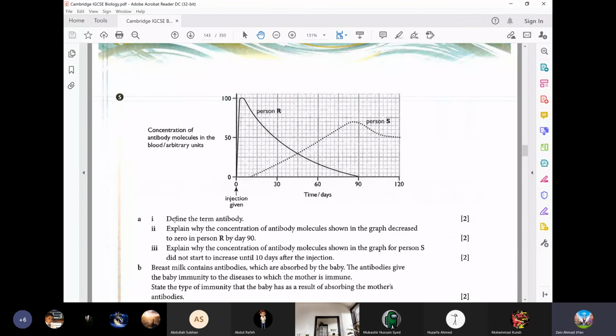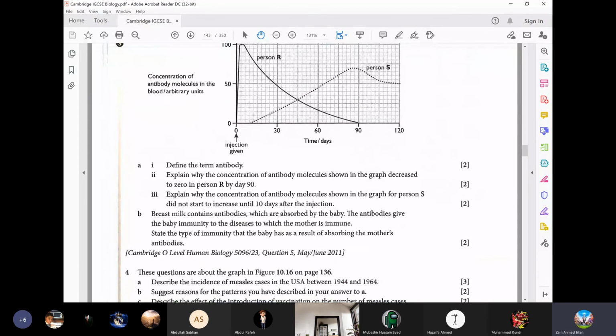Yes, sir, understood, sir. Next one. Explain why the concentration of antibody molecules shown in the graph decreased to 0 in person R by day 90. It's a very easy question, boys. I have taught you this. Sir, because this is passive immunity, and passive immunity does not last long. Very good. Excellent answer. We learned that passive immunity lasts for only 3 months.